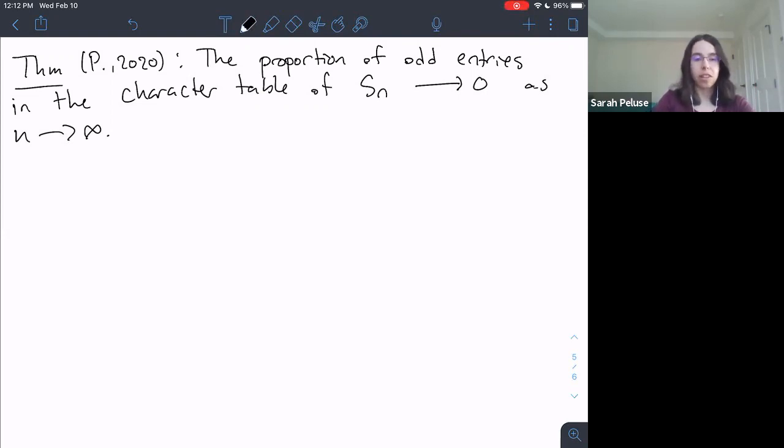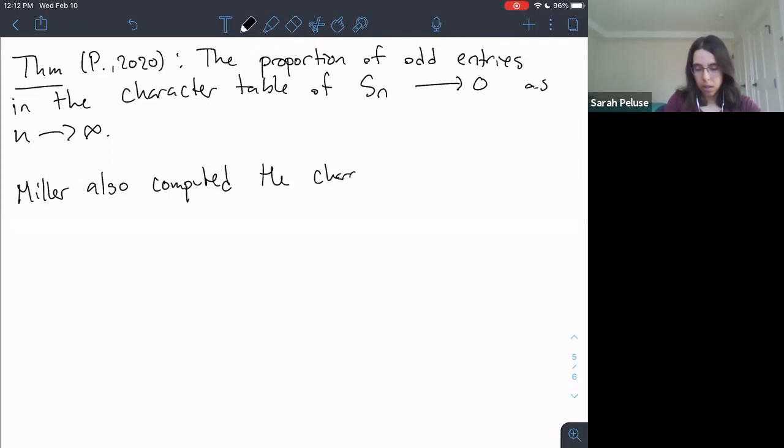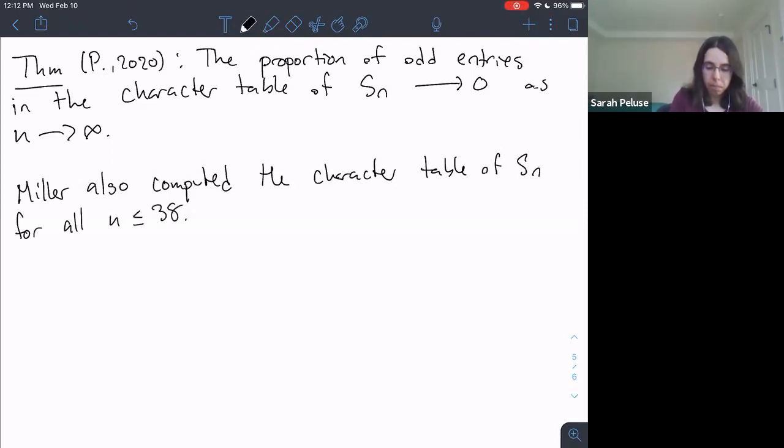Okay, so Alex looked at some more statistical properties of these character values. He also computed the full character table, not just mod 2, for all n up to 38.